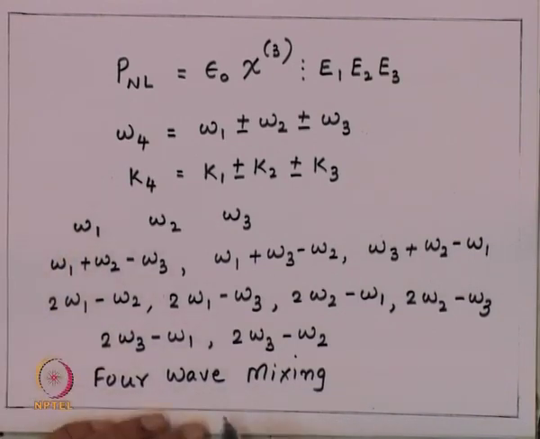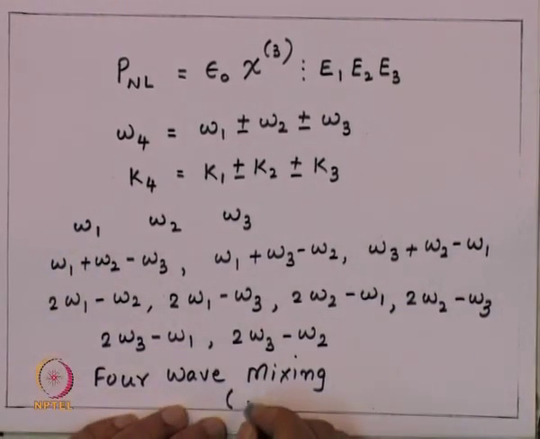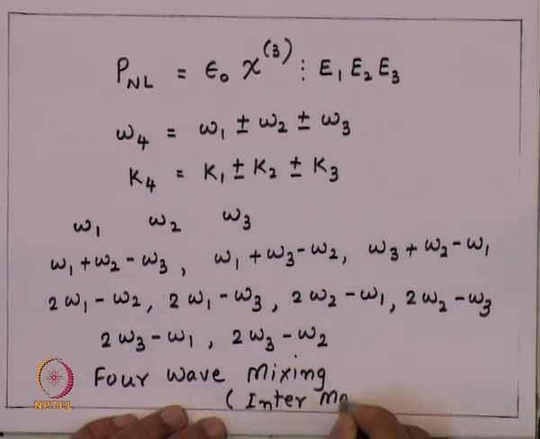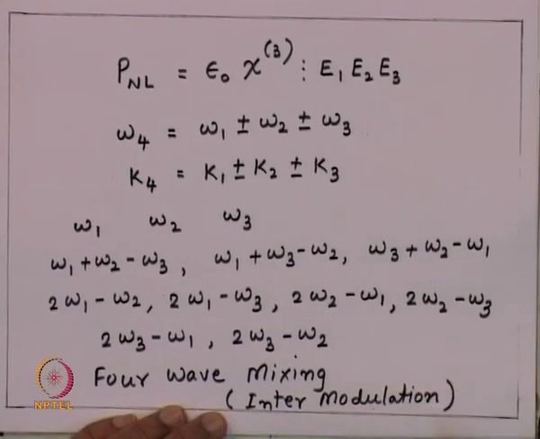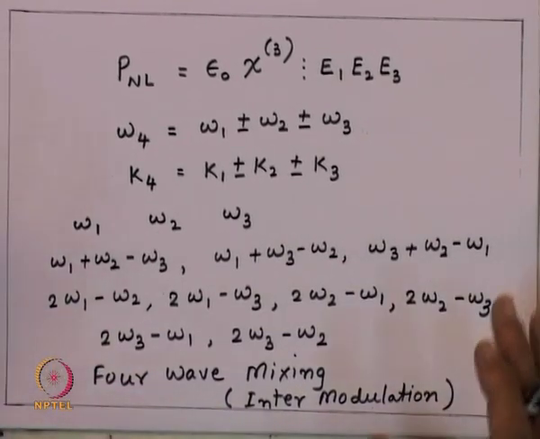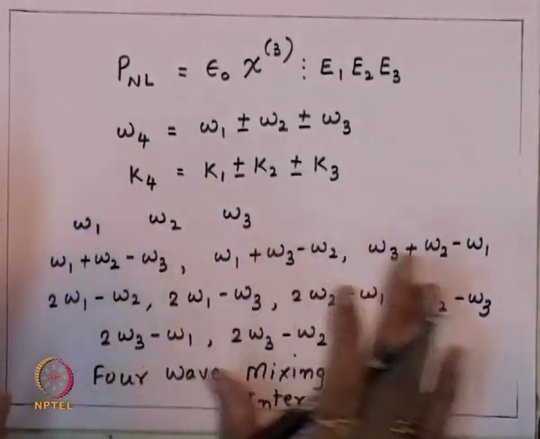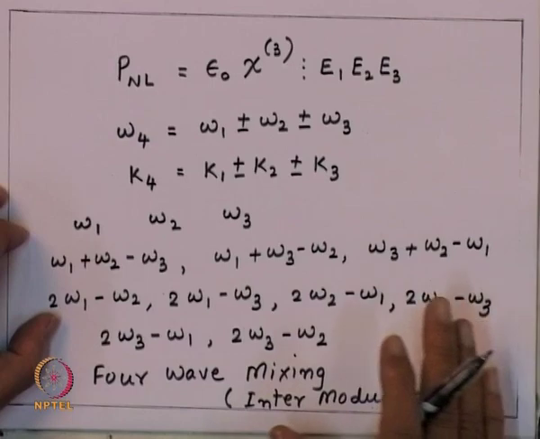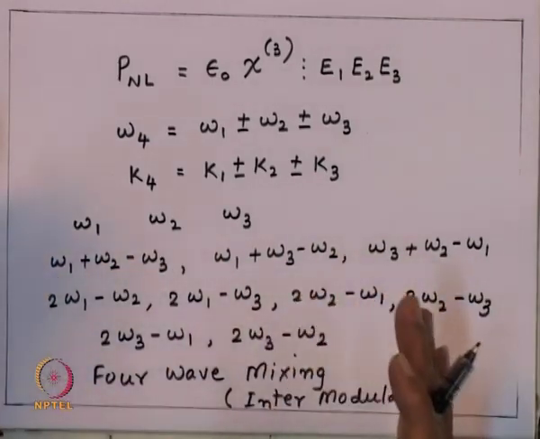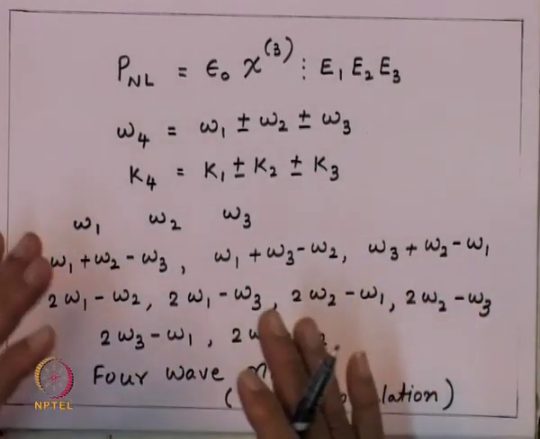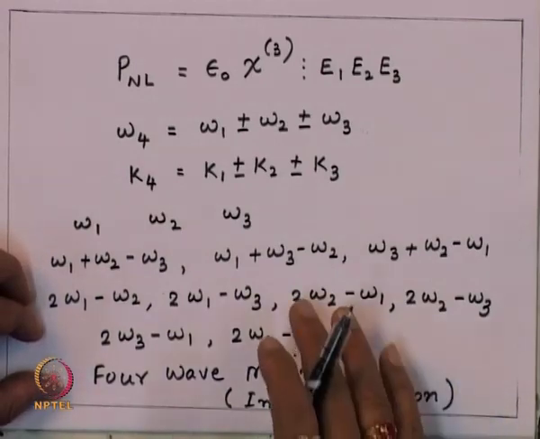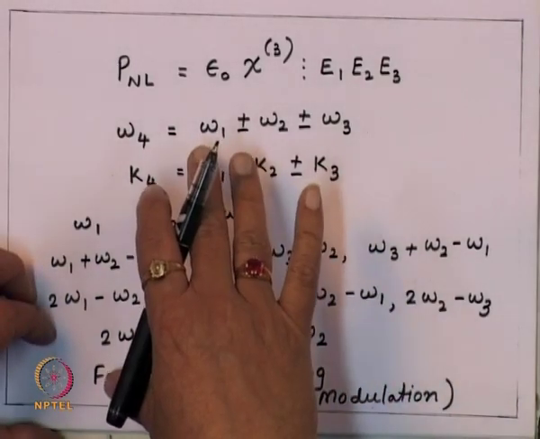Electronically, this phenomenon is also called intermodulation. From the electronic communication terminology, this phenomenon is exactly identical to what you see inside an amplifier, and these frequencies are called the intermodulation products. In optical communication, this phenomenon is called 4-wave mixing.